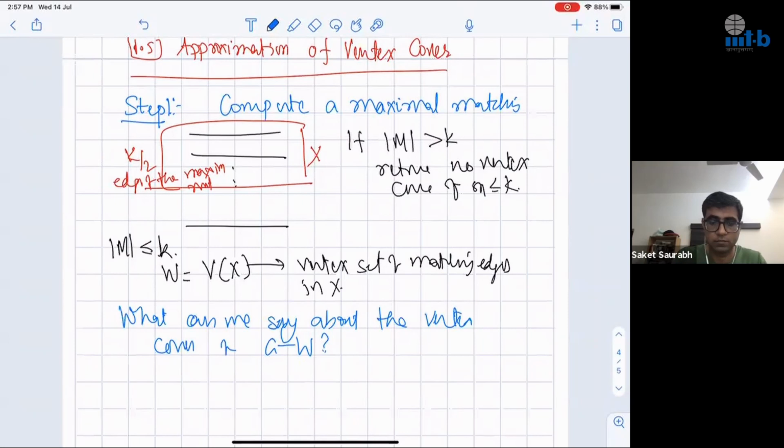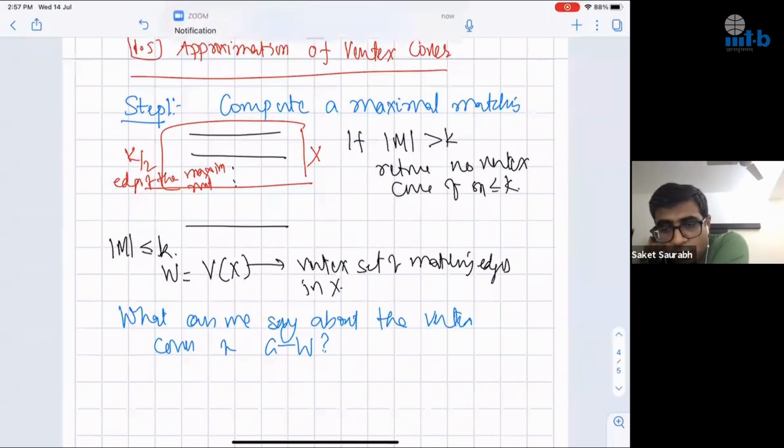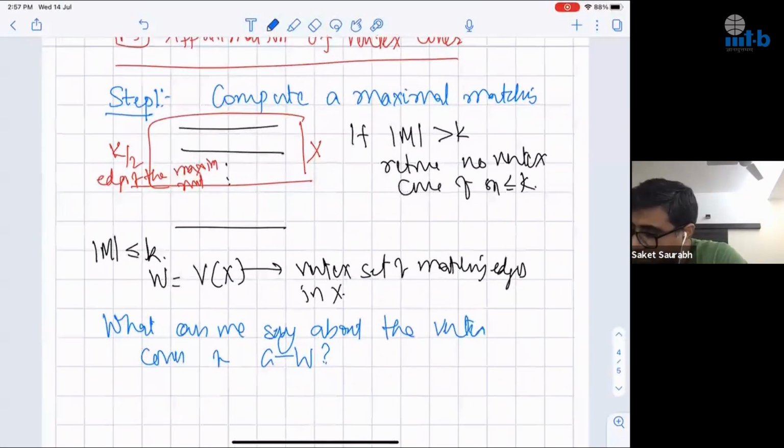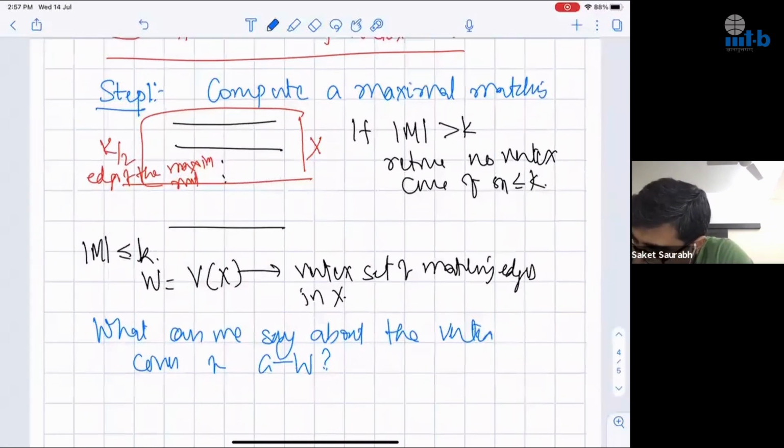Okay. Well, if I was looking for a vertex cover of size at most k in my original graph, let's make this assumption.